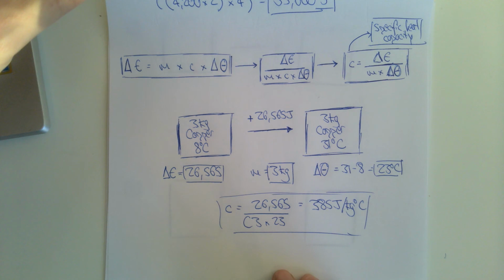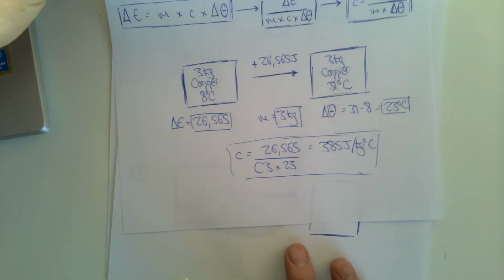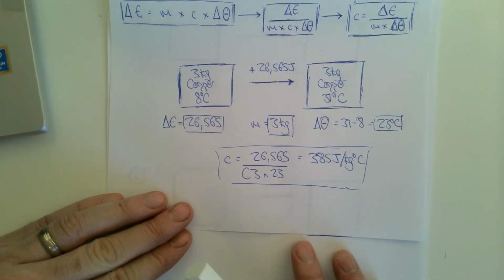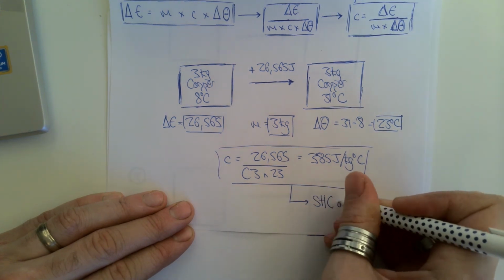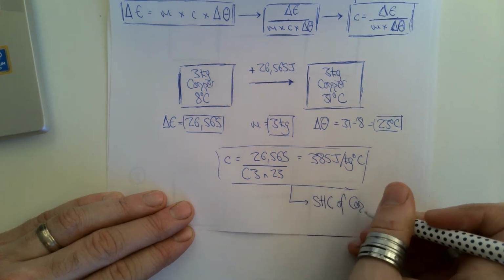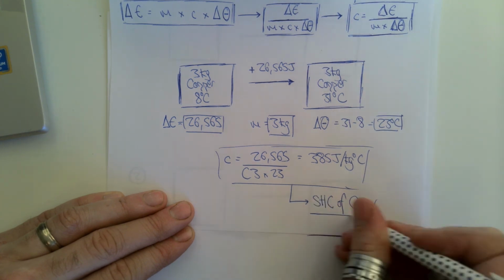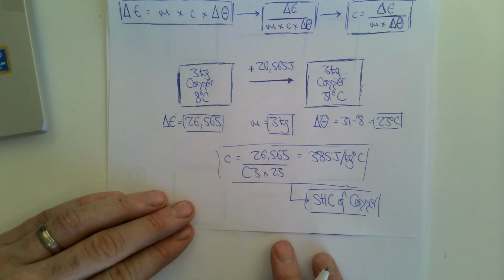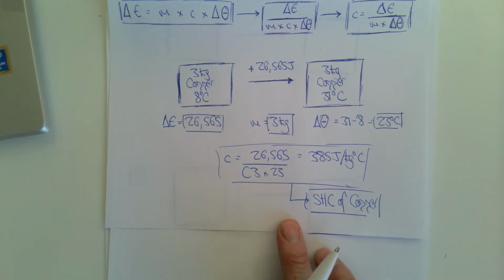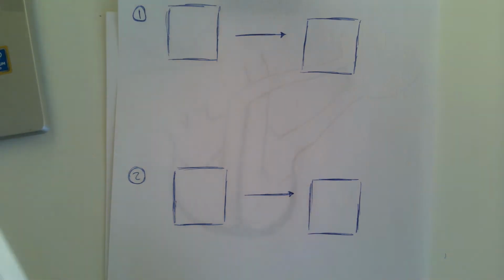And that is our specific heat capacity of copper. That's how we can change the equation to actually work out the specific heat capacity, and not just the energy transferred. So let's have a look at 3 examples of that to finish off.